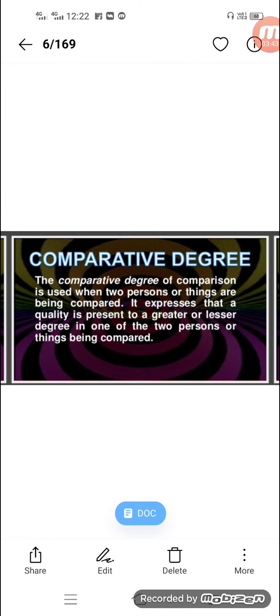It expresses that a quality is present to a greater or a lesser degree in one of the two persons or things being compared. Generally we see one object or one person is greater or lesser than another one.